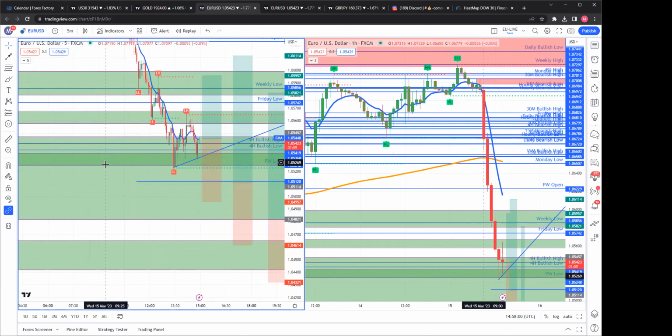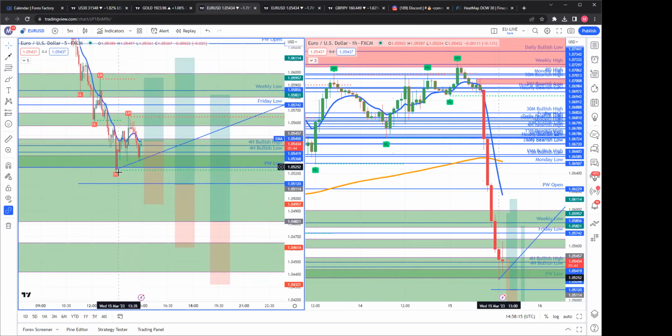So you can see there's two greens. I have a demand zone that's starting here and ending here, and then the next demand zone that's starting here and ending here. So this area is where two demand zones have overlapped, and you can see that's where price is literally rejecting from.